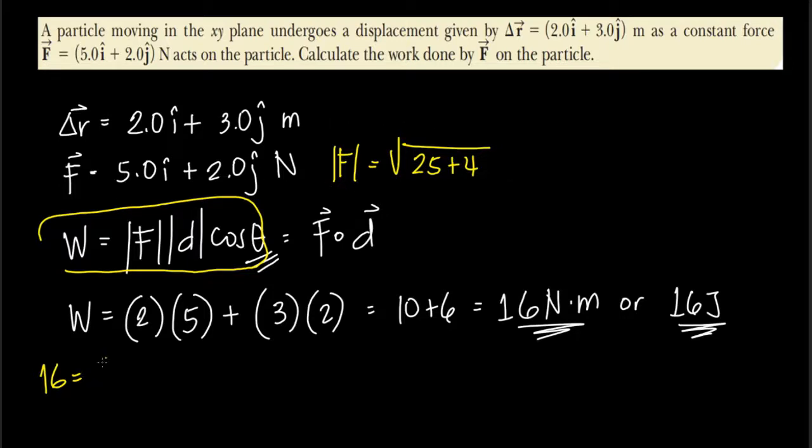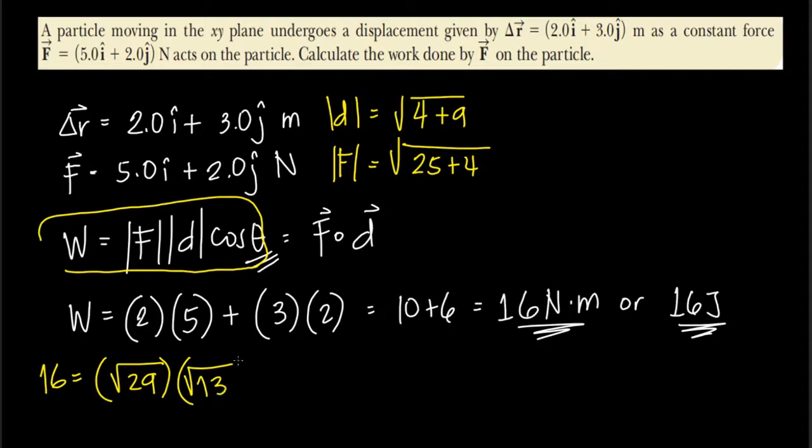And, yeah, I'm going to put square root of 29 here so I can go straight to the calculator. Next, the magnitude of our distance. So, this is equal to square root of 4 plus 9. Okay? So, square root of 13.